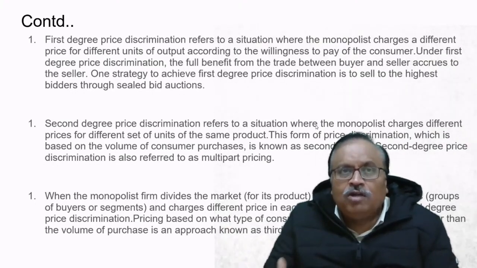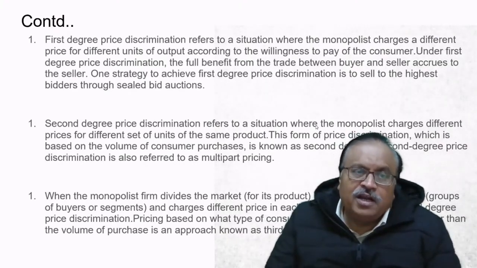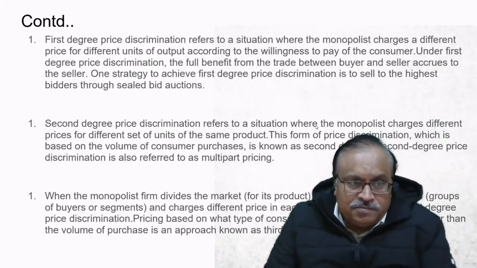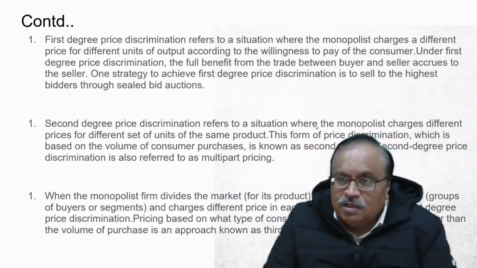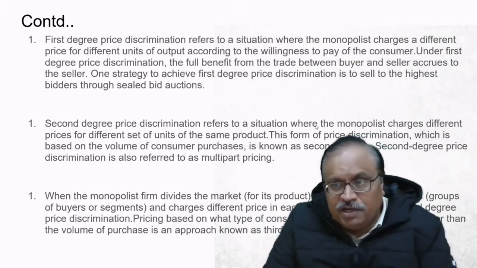Definitely we are going to get discounts. So in bulk purchases, the discount factor is there. This is how second degree price discrimination works, based on the volume of consumer purchases.